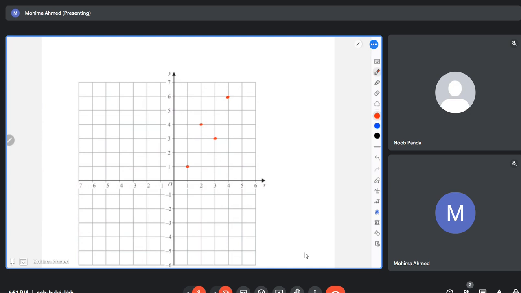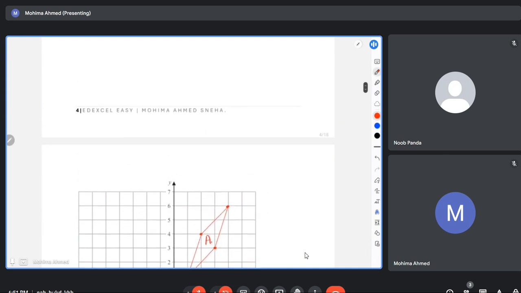I need to use my auto correction now. This is entirely your quadrilateral A.